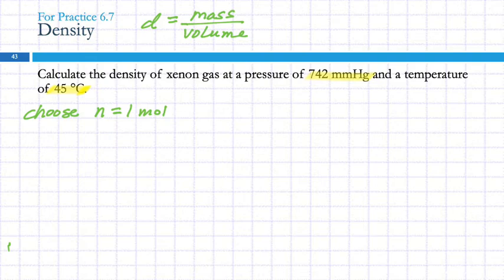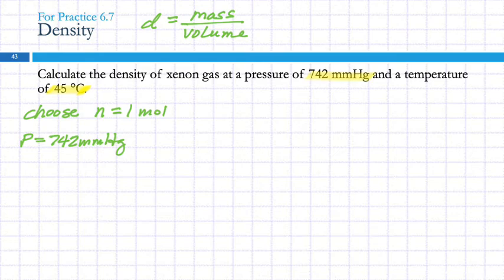So I need to find the mass of 1 mole of xenon gas and the volume of 1 mole of xenon gas. I'm going to calculate the volume using the ideal gas law. So this is my pressure. Is that unit going to work in the ideal gas law? Millimeters of mercury?